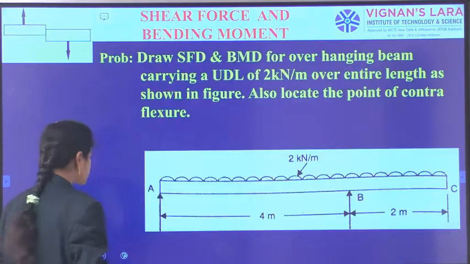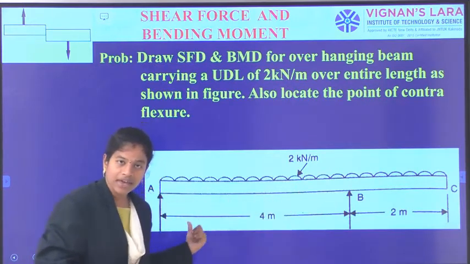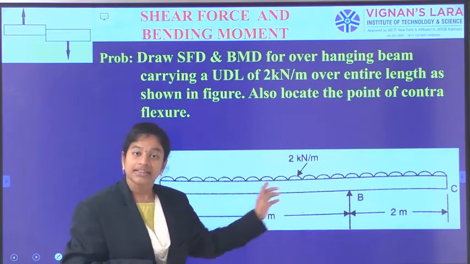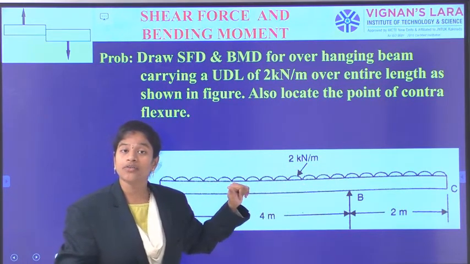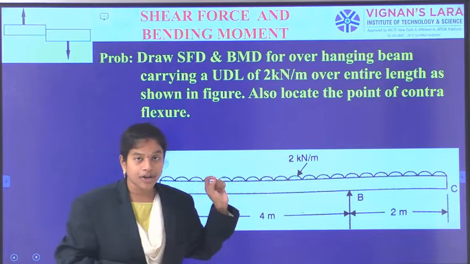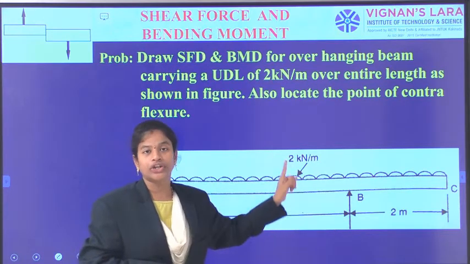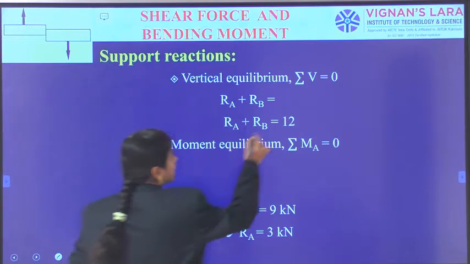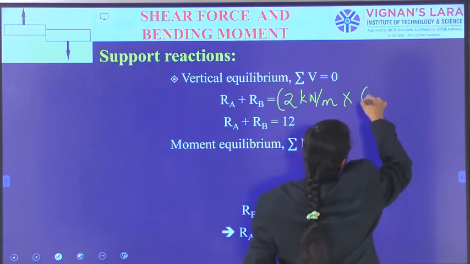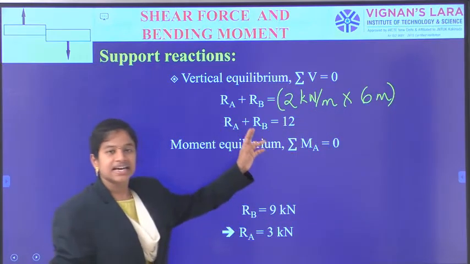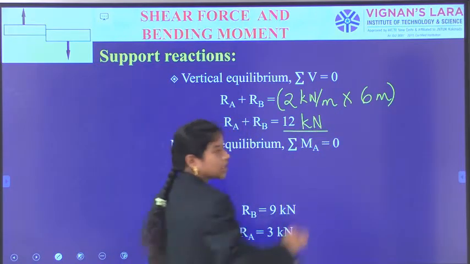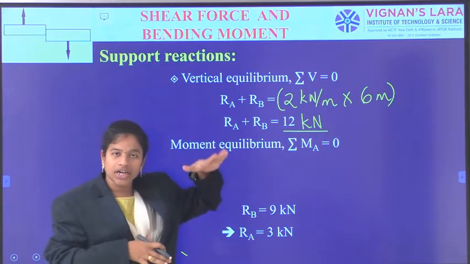What is the total downward load acting? A UDL of intensity 2 kN per meter spread over 6 meter length. So, RA plus RB is equal to 2 into 6, the total of 12 kN. Total upward force is equal to total downward force.